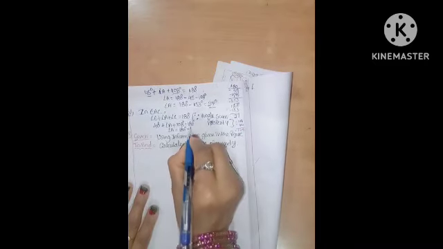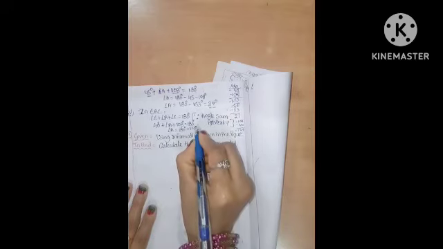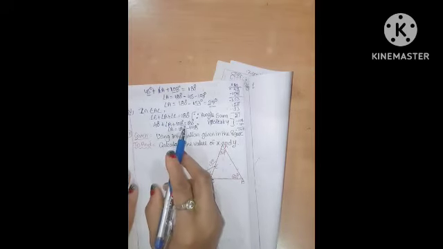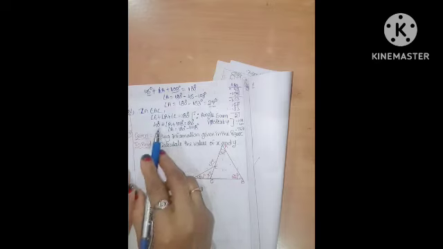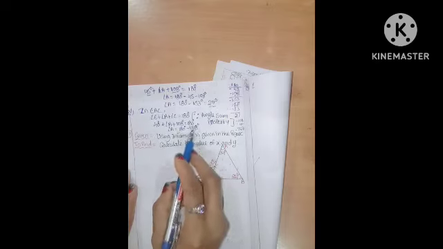So this is minus 148 degrees. Before the equal sign it is the sum of these two angles, after the equal sign it becomes minus 148 degrees.